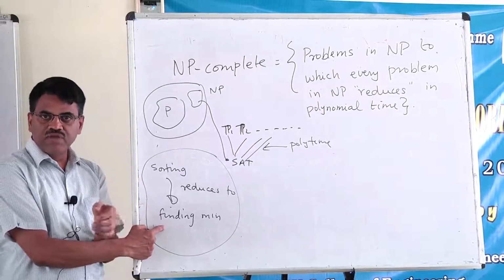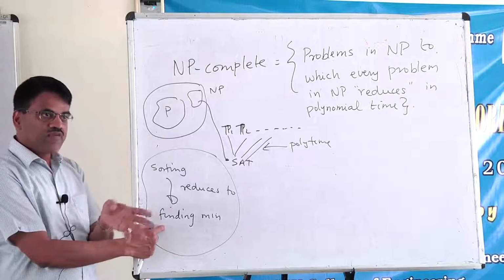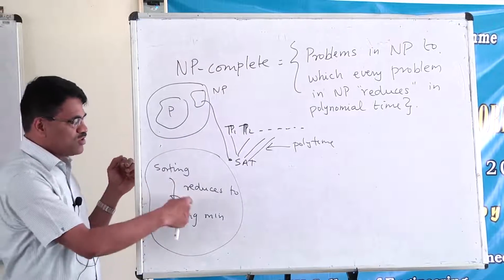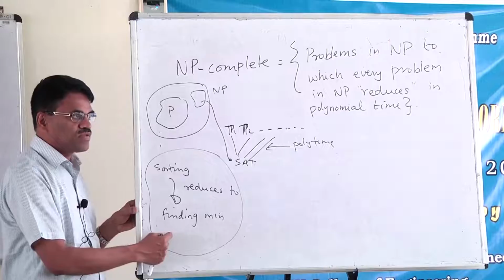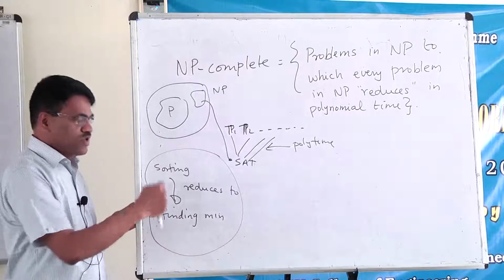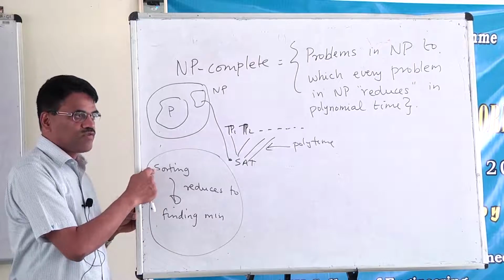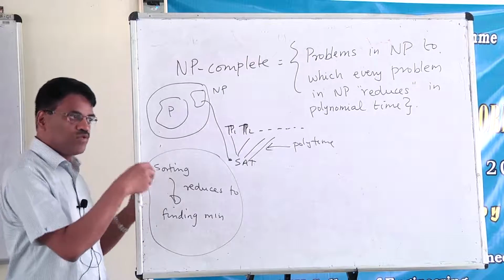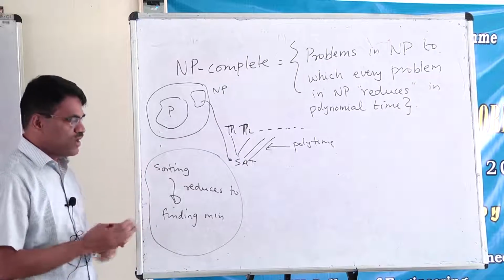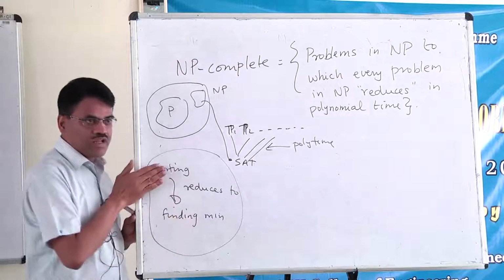It will find the next minimum, remove it, and find the next minimum. And how much time? You just have to call this n times. So if you solve this, you can multiply by n and you get a running time of this. There may be better ways to do it, but all I'm saying is that using this as a subroutine, you can solve this.